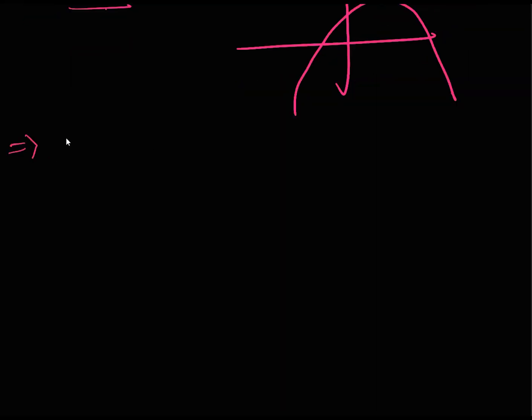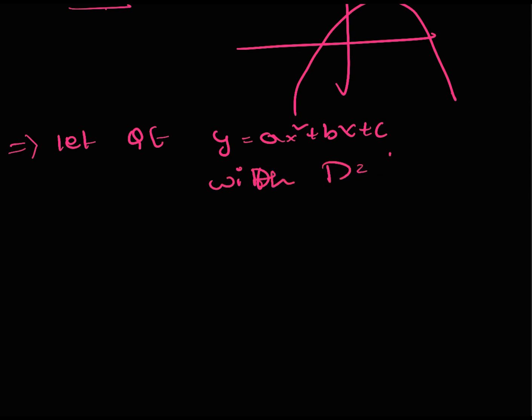Now let's summarize this. Let our quadratic equation be y equals ax square plus bx plus c, with D equals b square minus 4ac.